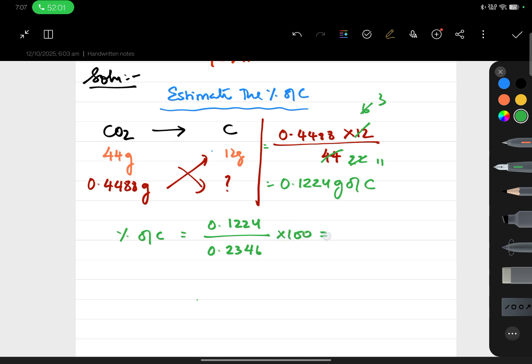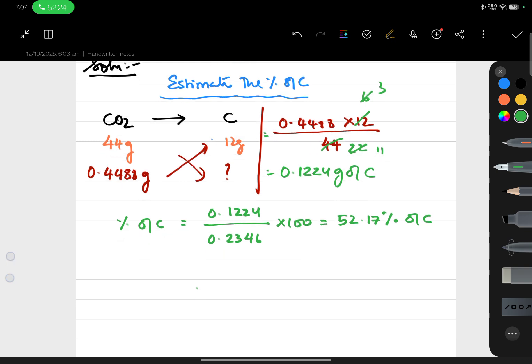Into 100, what value do you get? 52.17% of carbon. Percentage calculation: given mass by total mass into 100. Correct?